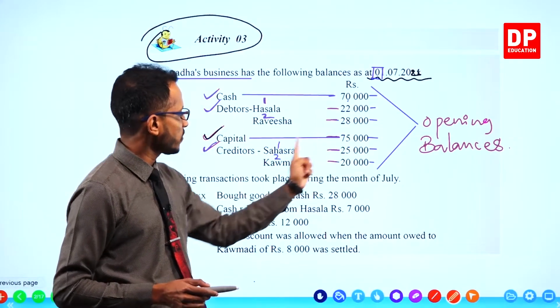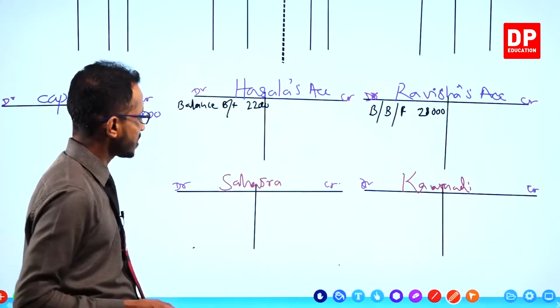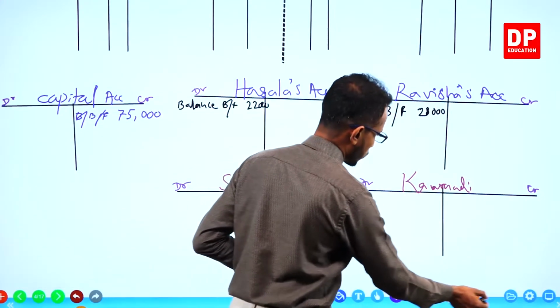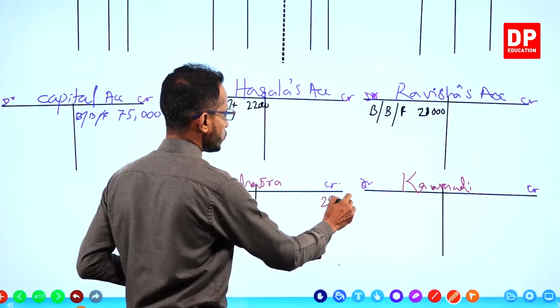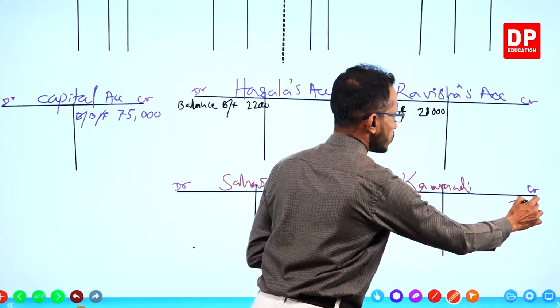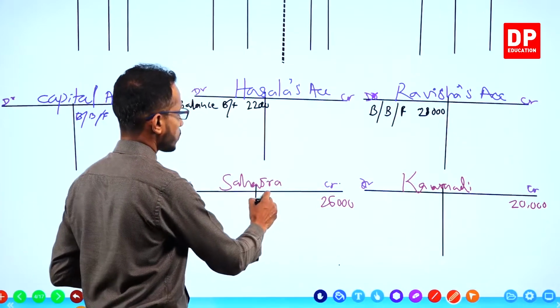Sahasra 25,000, Kaumadi 20,000, and we know that creditors balances should come to the credit side. That's right. 25,000 for Sahasra, 20,000 for Kaumadi. Balance brought forward.